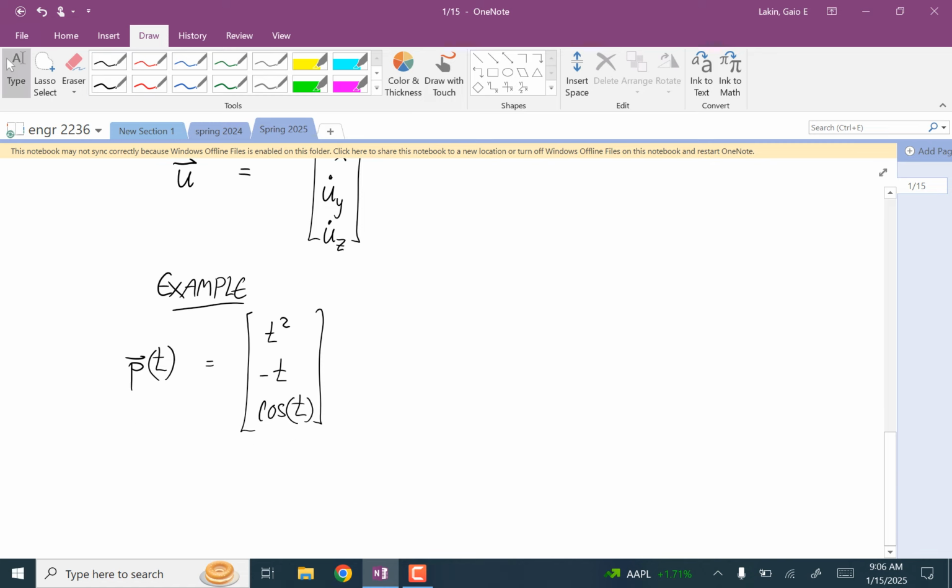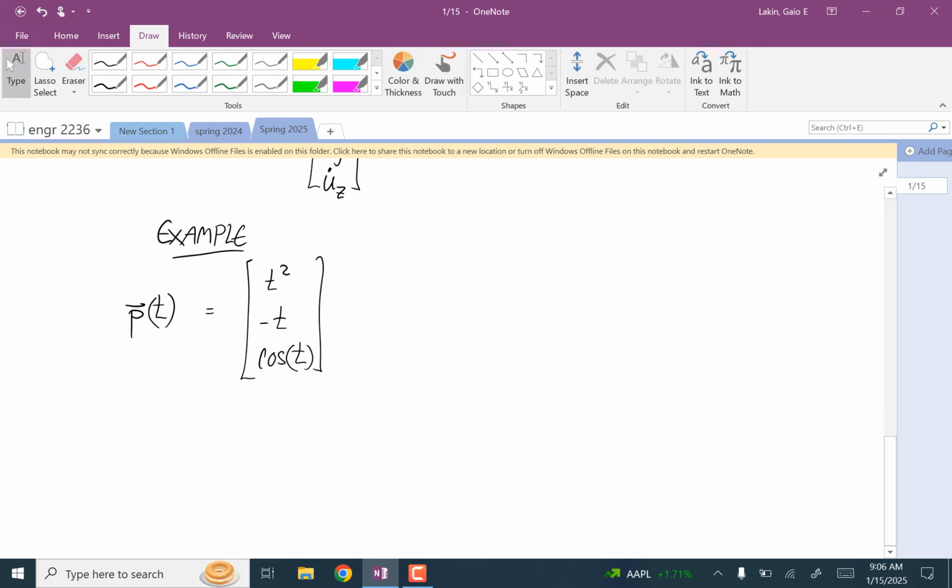Well, you know that if you're in a non-rotating coordinate system, an inertial coordinate system, the velocity as a function of time is the time derivative of the position. And so that's equal to: the x component of the velocity vector would be 2t, the y component would be -1, and the z component would be negative sine of t.